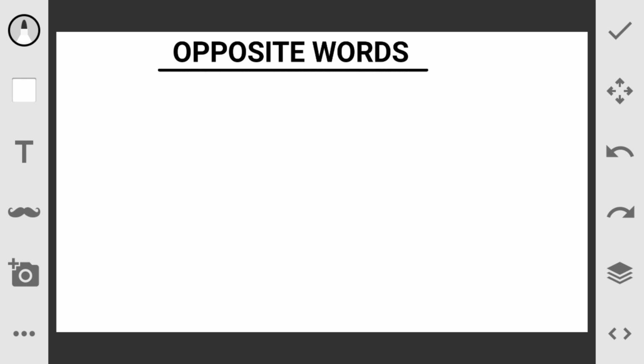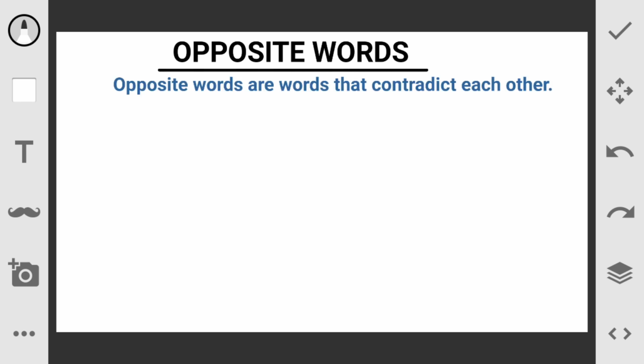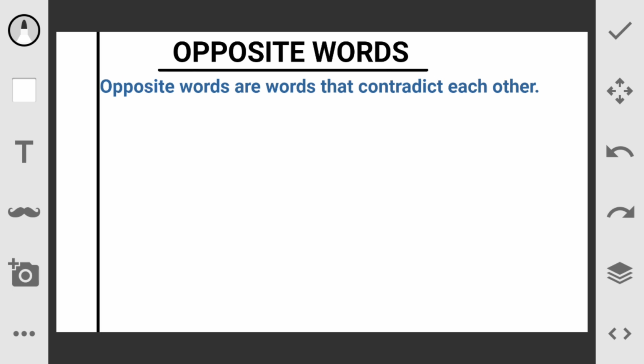So, let's get started. First of all, let's define what opposite words are. Opposite words are words that contradict each other. Opposite words are those words that say the opposite things.